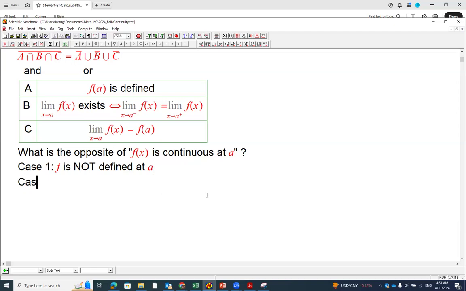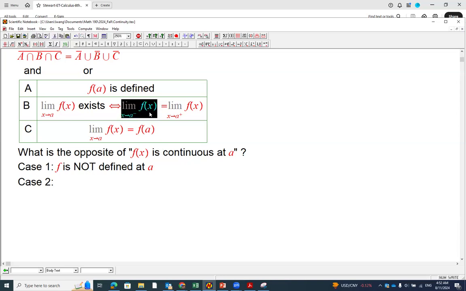Not B. Not B will be more interesting because for B, we have multiple cases. Not B means the limit does not exist, and we have multiple cases.